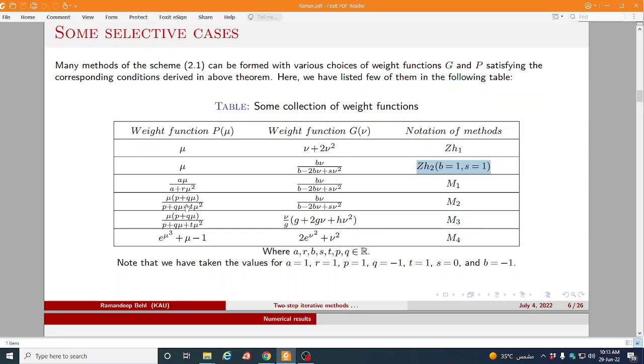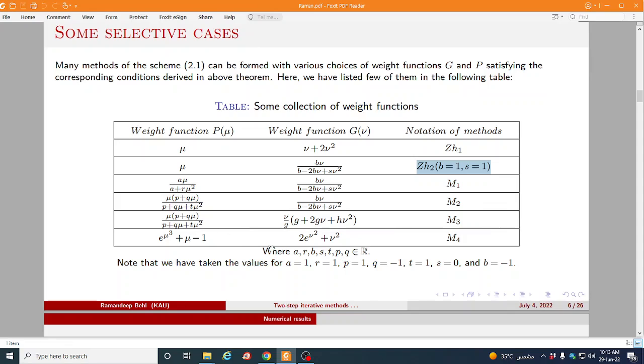Here you can see some new functions as well as this function. For the combination of these, we gave names for comparison: M1, M2, M3, M4. You can even choose exponential functions. Any function which satisfies the condition of 2.2 you can use for new methods here.